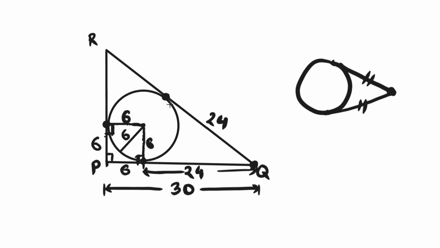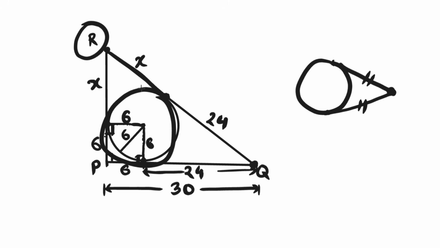Now let's move to the top vertex R. We don't know the length of the tangent segment from R, so we'll call it X. The tangent segment from R along the vertical side has length X. By the same tangent segment theorem, the tangent portion from R along the hypotenuse must also have length X.